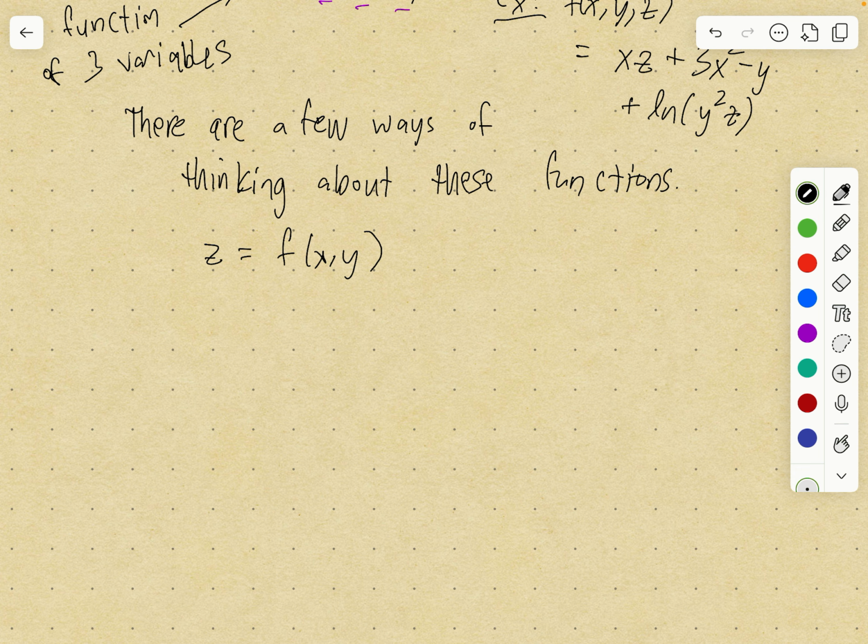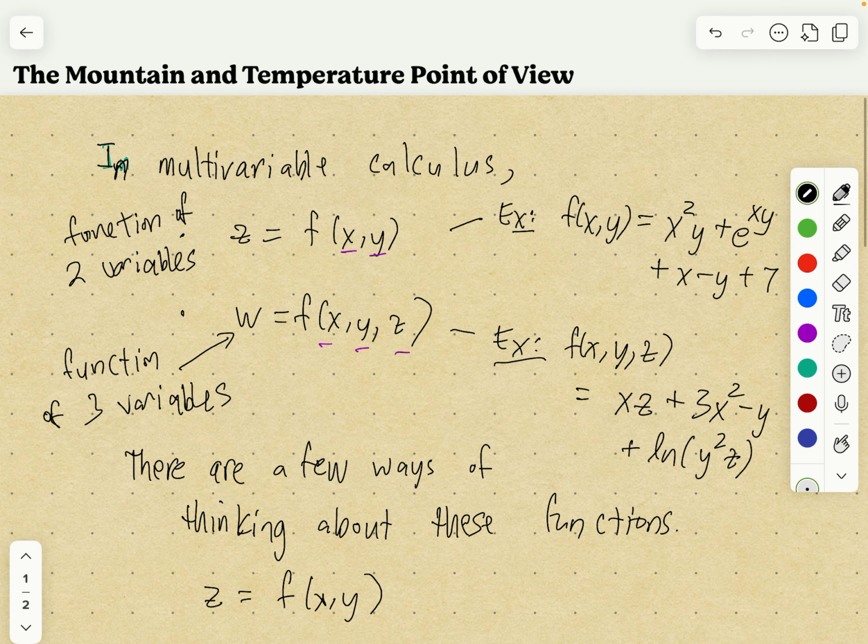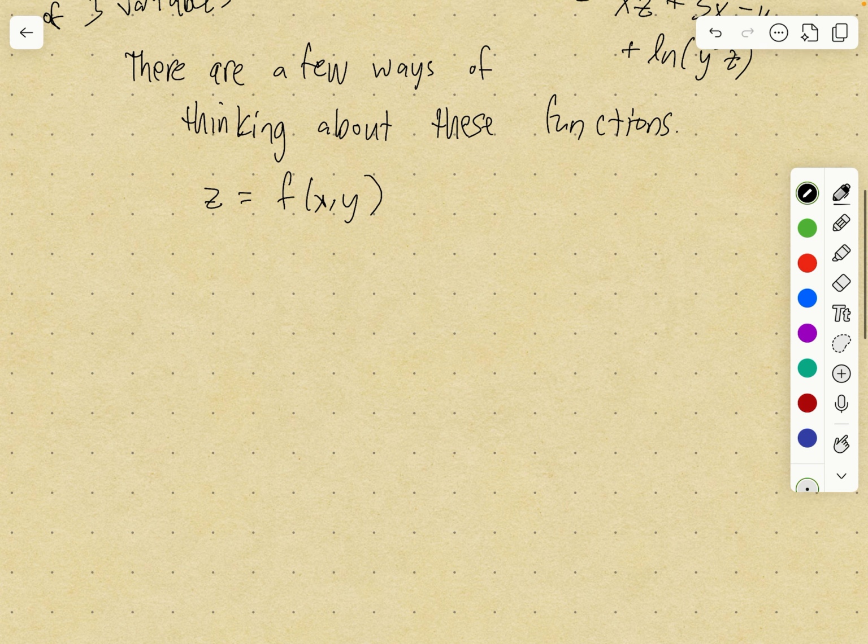So there are two main ways of thinking about a function like this. And that is the mountain point of view and the temperature point of view. That's the names I have given them. So what's the mountain point of view?